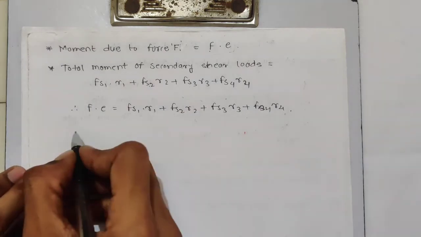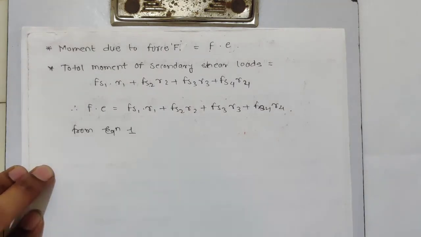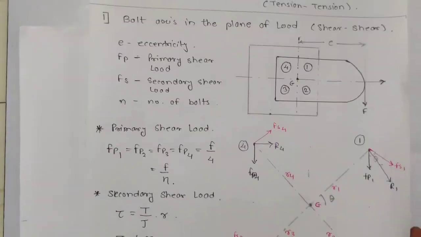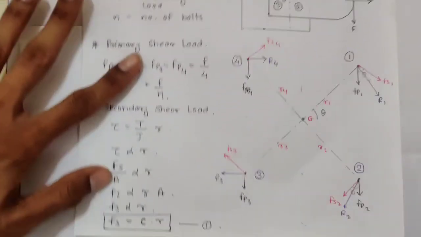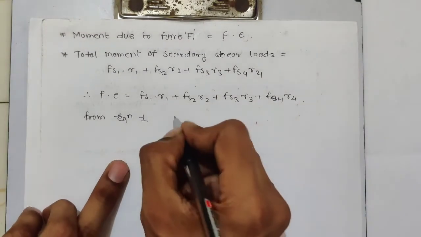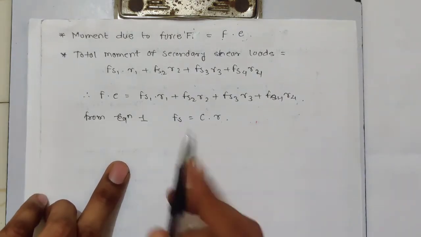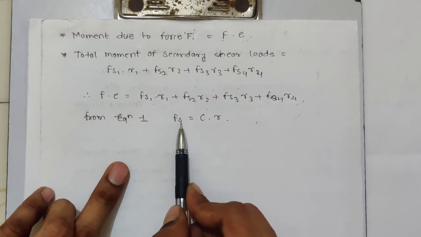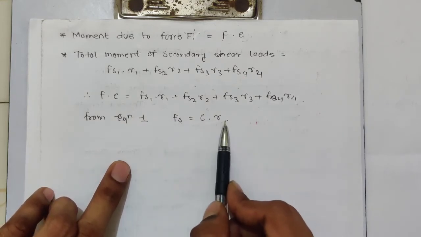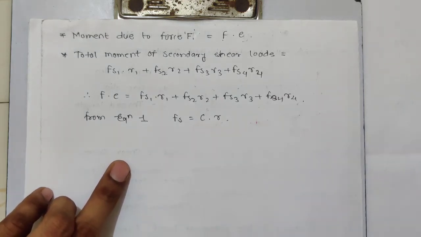Now from equation 1, which we have derived, Fs is equal to C into R. Now can I say Fs1 is equal to C into R1? Similarly, Fs2 is equal to C into R2. The constants C1, C2, C3, C4 are the same, so C is the same.